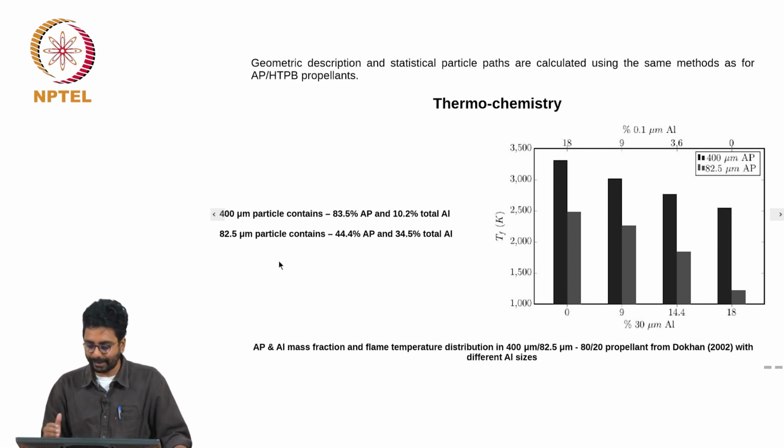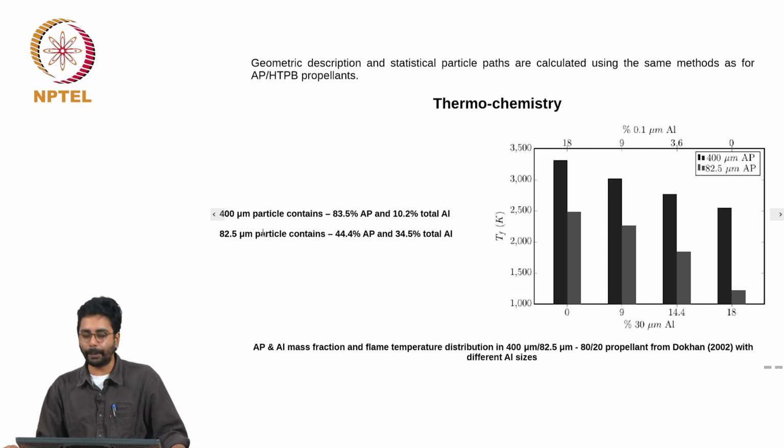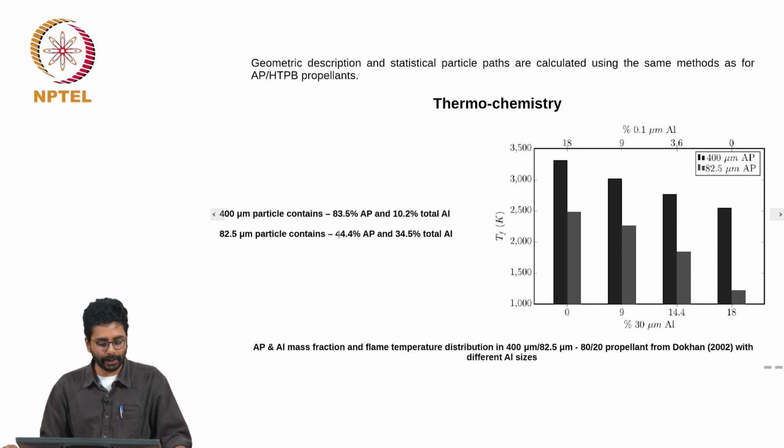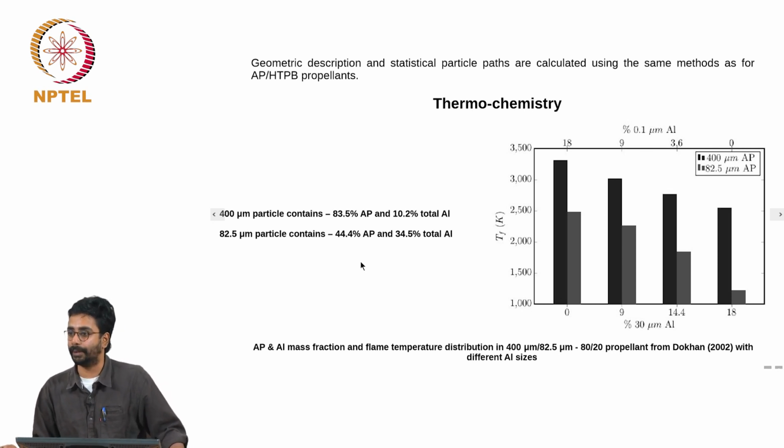So this is a particular case where the propellant is a bimodal propellant with 400 micron AP and 82.5 micron AP. So the 400 micron AP particle here contains 83.5% AP and 10% total aluminum. On the other hand, 82.5 micron AP will have 44% AP and 34.5% aluminum.